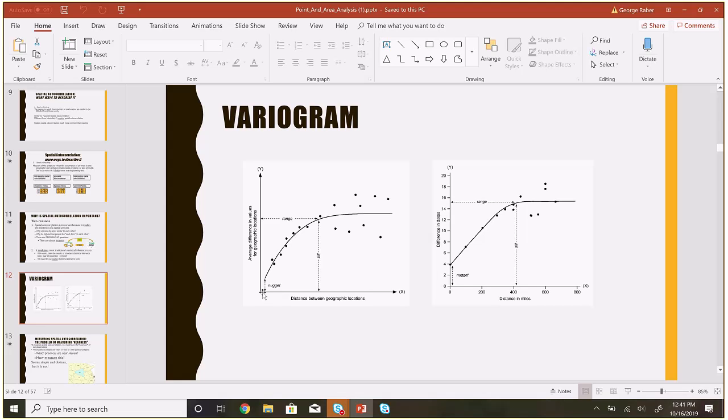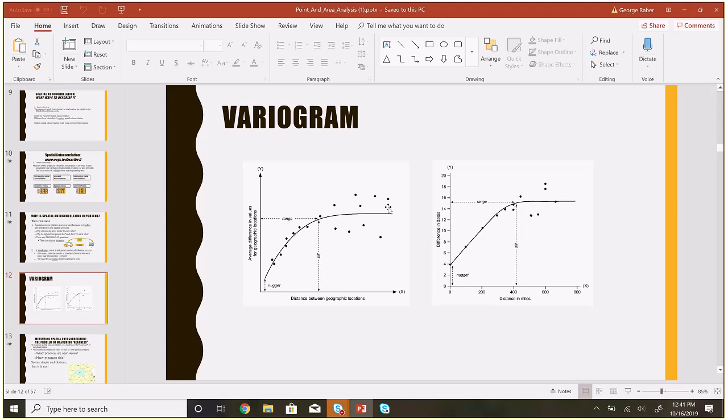This graph here shows distance between your geographic observations in the X, and in the Y, it's showing the difference between the observations. So in other words, these points right here are really far away from each other compared to these points.